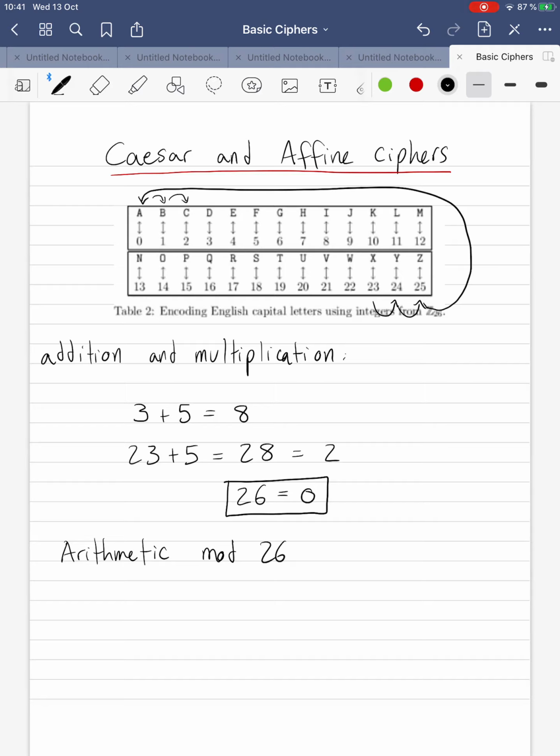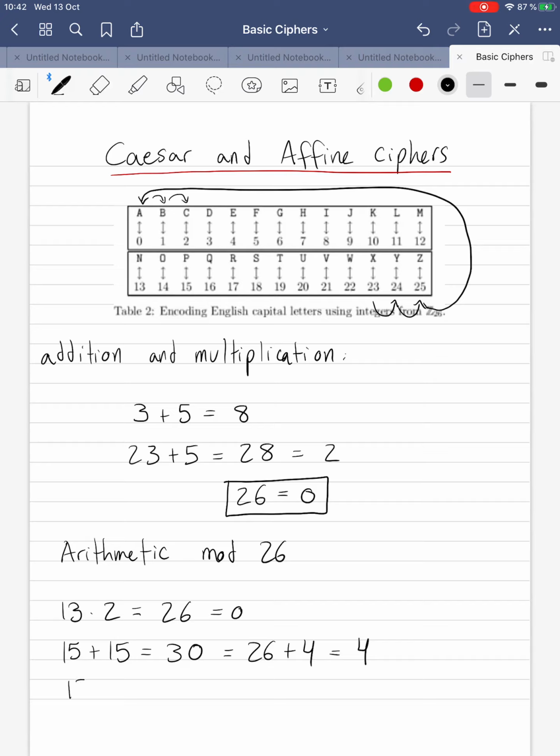Whenever you see the name mod, it's basically because we're sweeping all that under the rug. 26 is swept under the rug and it's equal to 0 now. So for example, 13 times 2 is 26, which is equal to 0. We have 15 plus 15 is equal to 30, which is equal to 26 plus 4, which is equal to 0 plus 4, which is just 4.